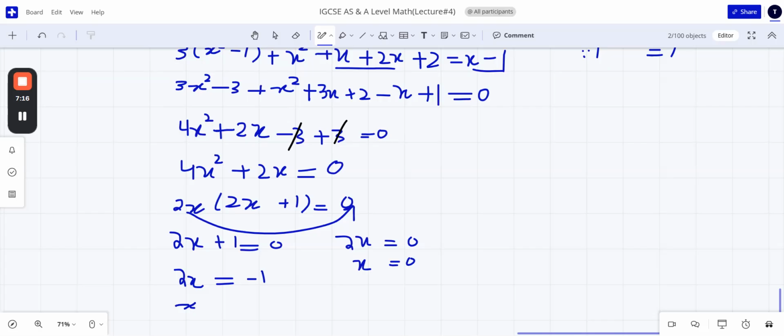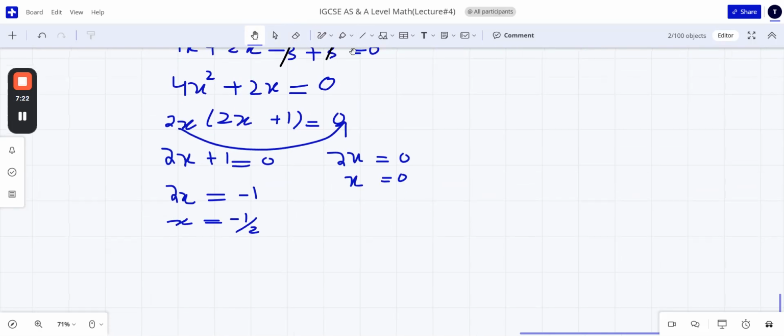Then x is equal to minus 1 by 2. So we got the roots of this equation. x equals minus 1 by 2 and 0.